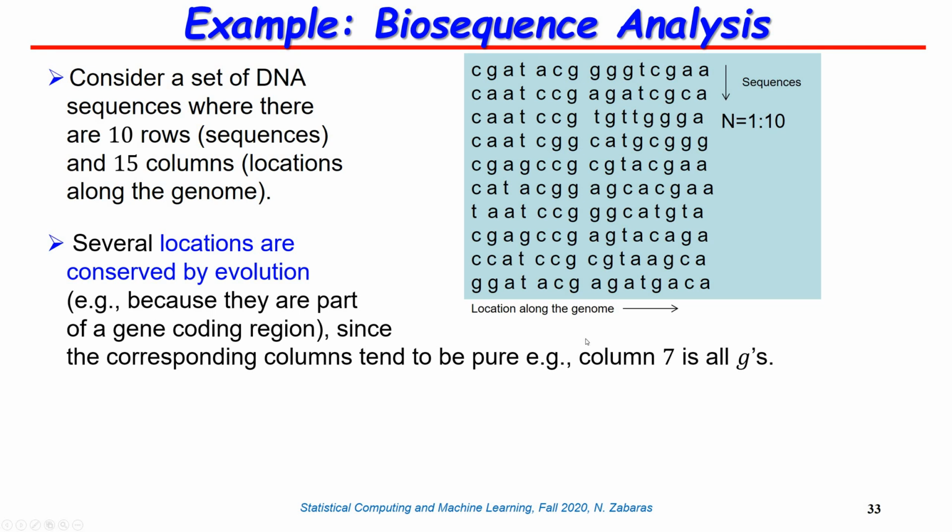These are locations that are being preserved by evolution. So this is, for example, location 7 that you notice is all this chemical block G.